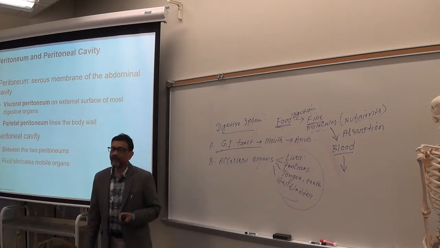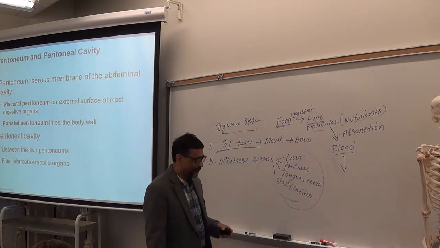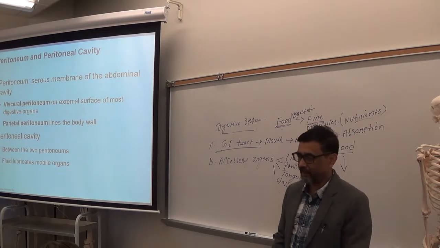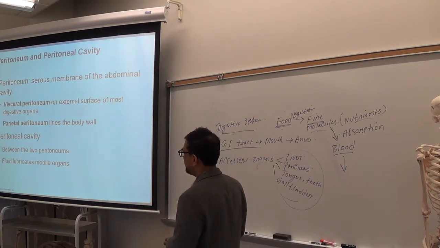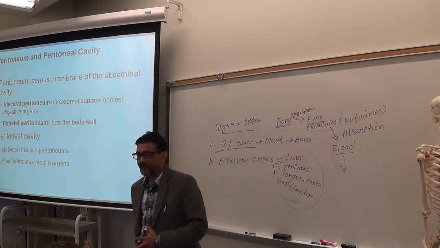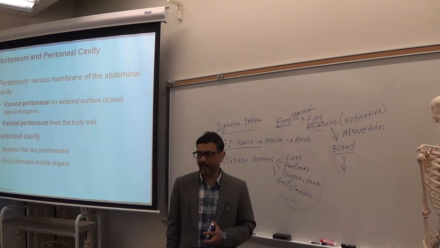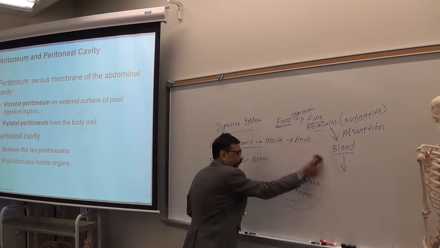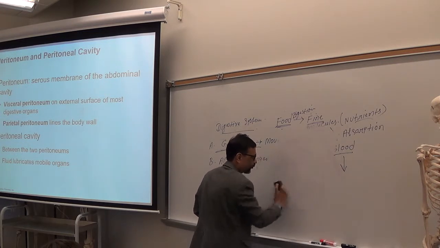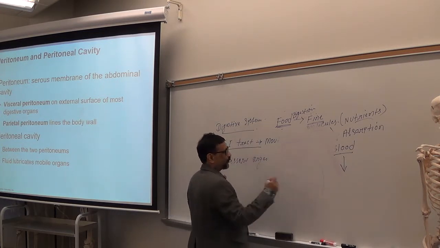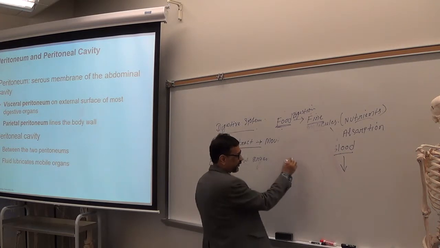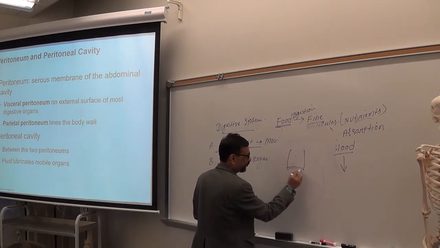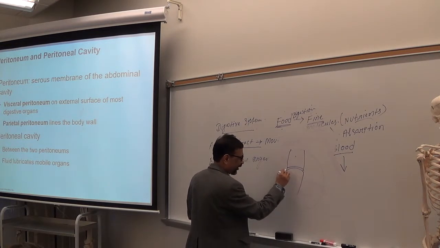Peritoneum and peritoneal cavity. Peritoneum is a double layered serous membrane. Serous membrane, double layered. And let me try to draw here. This is your thoracic cavity, diaphragm, then the abdominal cavity.